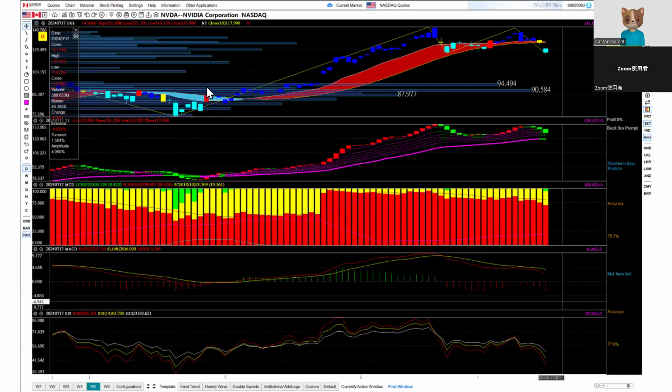After the red candle, you will find the dark blue candles, which mean the continuation of the bullish trend. It can't be red all the time, so the system uses different colors to indicate the continuation.